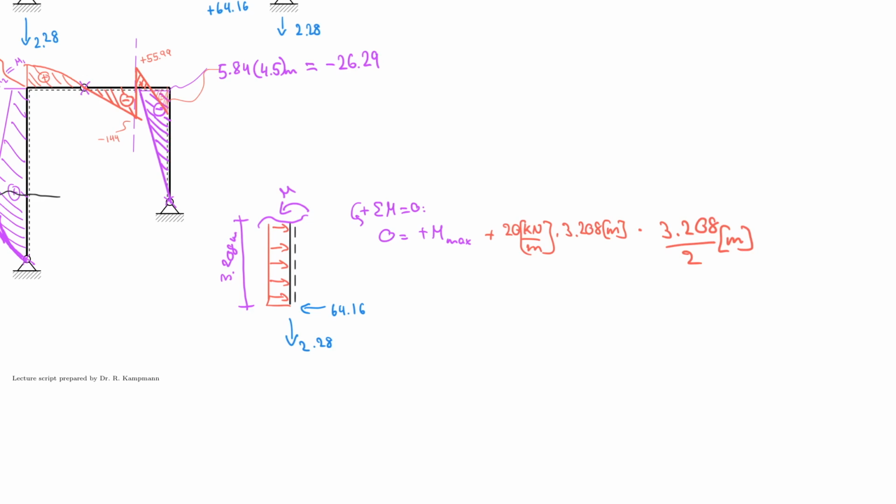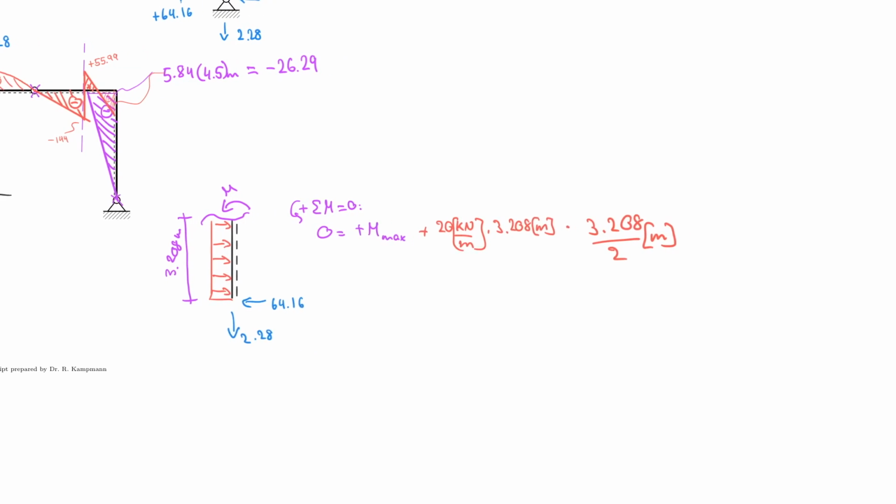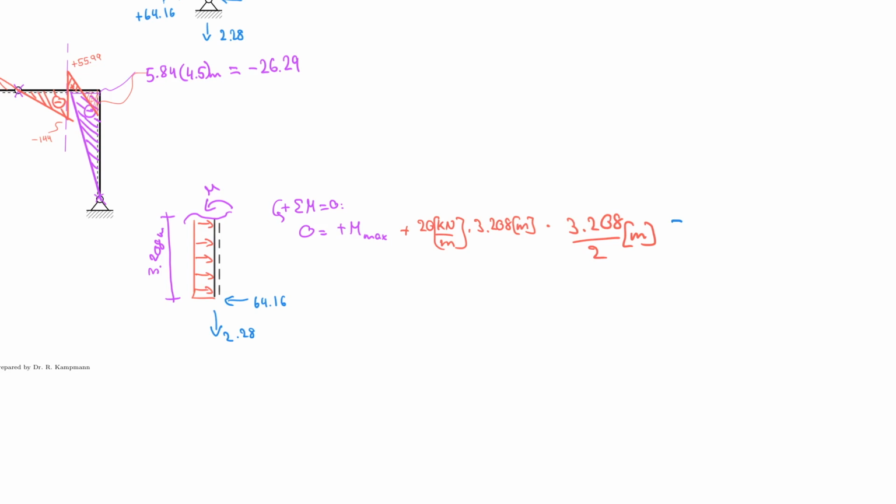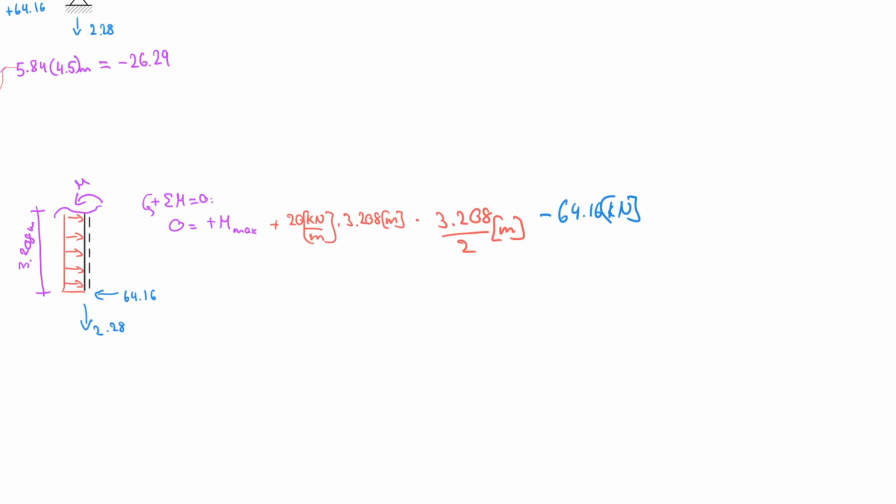And of course I need to account for my support reaction, but that one is acting clockwise, so therefore it's negative. So minus 64.16 kilonewton multiplied by 3.208 meters.